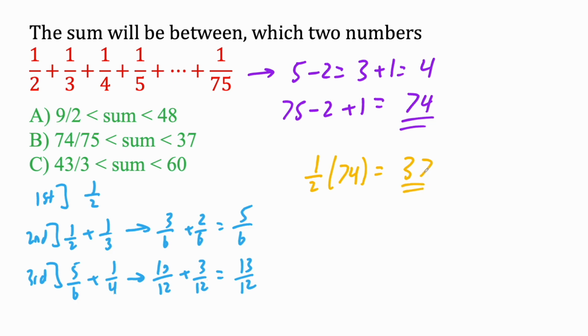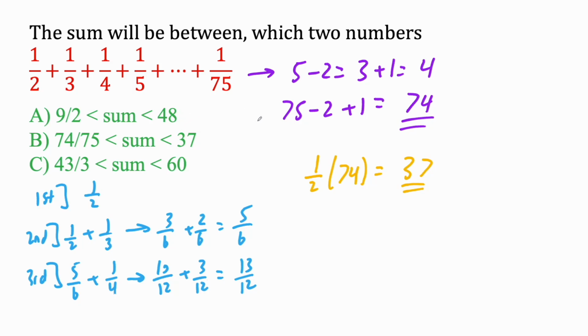So the biggest number possible is 37. And again, it's not even possible. It's the most extreme. You take your 1/2, you times by 74 numbers, you get 37. So there's no way that your number is going to be bigger than 37. But if you notice, all three of them are smaller than 37. So they all three could actually be true.